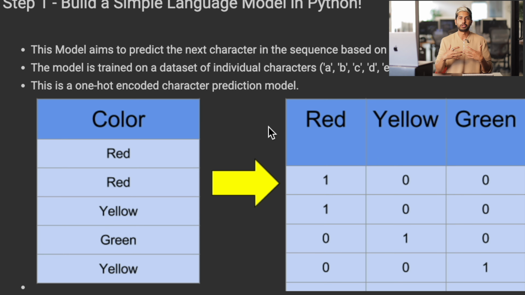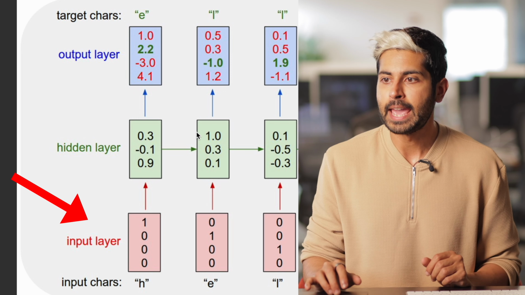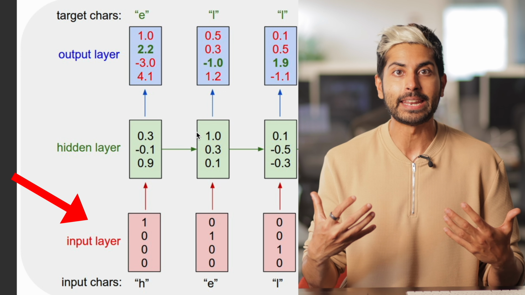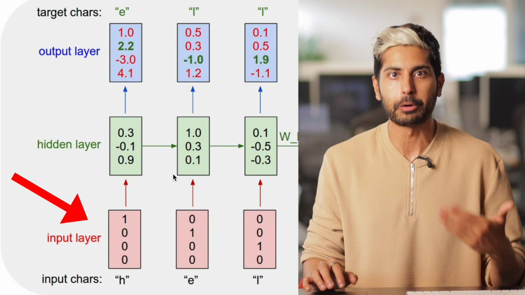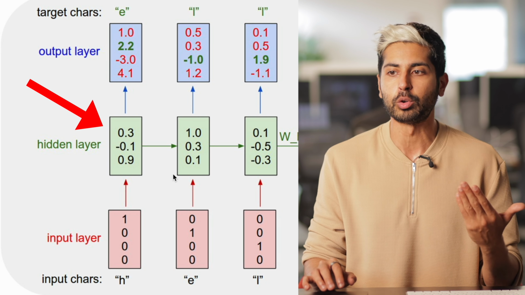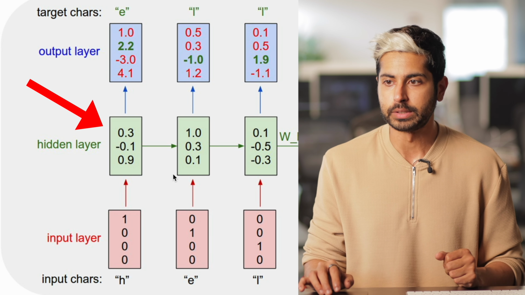And the way we're going to encode these characters into a way that our model accepts is using a technique called one-hot encoding, where we turn any sort of categorical variable, in this case characters, into a column which represents that value as either a 1 or a 0 in a matrix. And this is a great way of representing data so that we can perform next character prediction on it with a neural network, a very simple neural network.